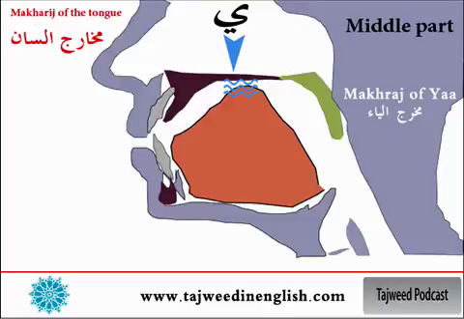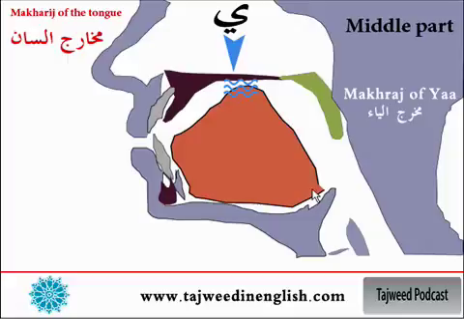Similarly for the letter ya, it's exactly similar to sheen, but the only difference is that ya gives more air and more of the last part of the tongue, represented here next to the throat, which is much more open and gives more air towards the ya.